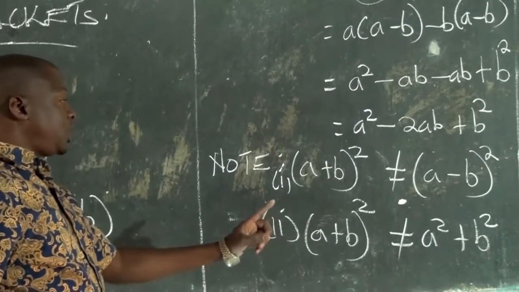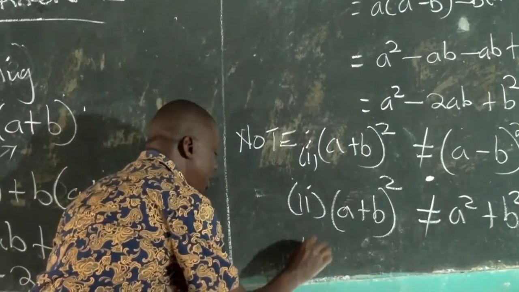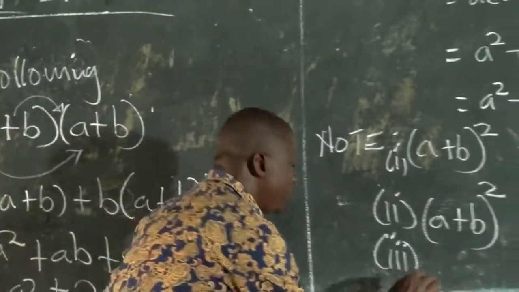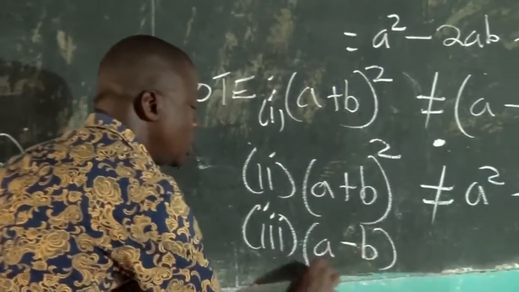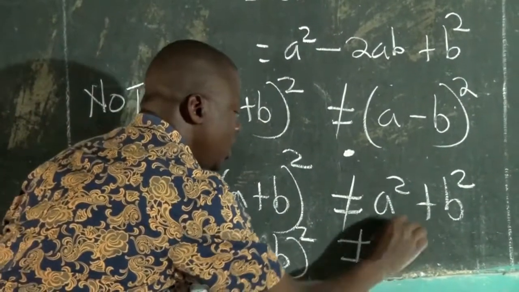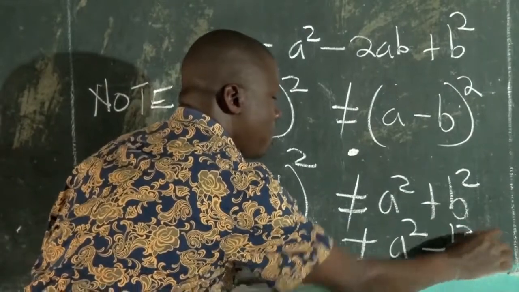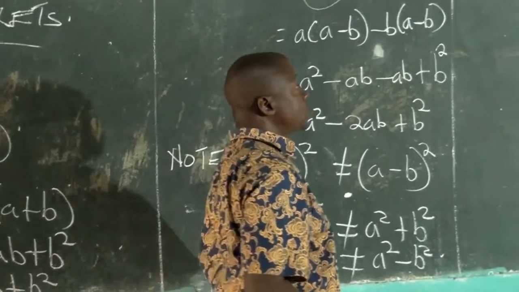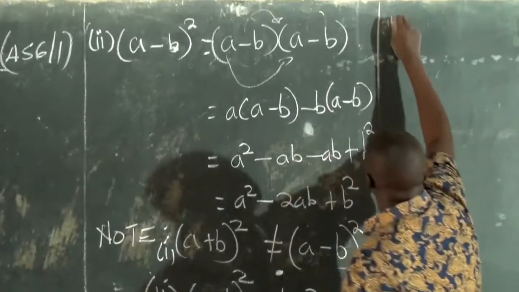Please, you should note that. Roman number 3, where we have a minus b squared, is not the same as a squared minus b squared.